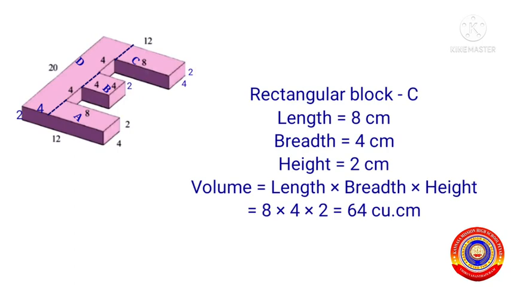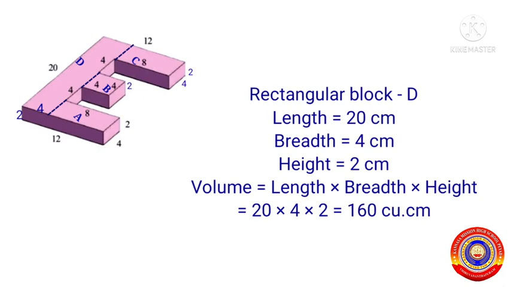Next, in block C, the length is 8 centimeters, breadth is 4 centimeters and height is 2 centimeters. Therefore, the volume is length into breadth into height, that is 8 into 4 into 2, equal to 64 cubic centimeters.